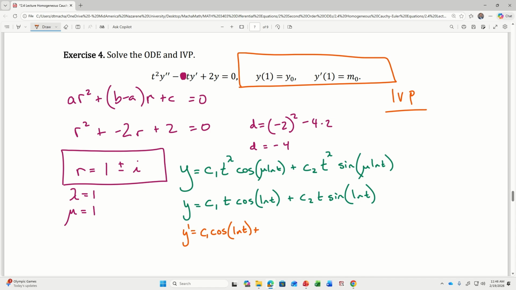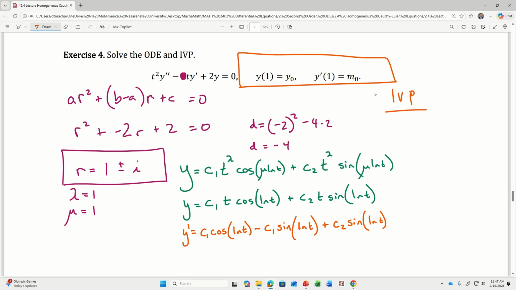And so when I'm writing this down, I'm going to write c1 times negative sine of natural log t. Okay, the next term is going to have derivative c2 sine of natural log t.